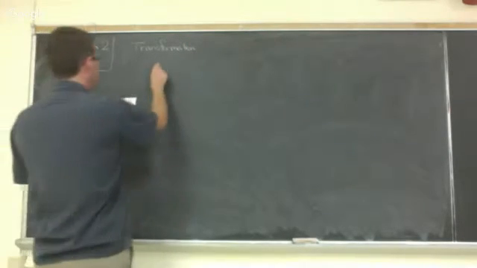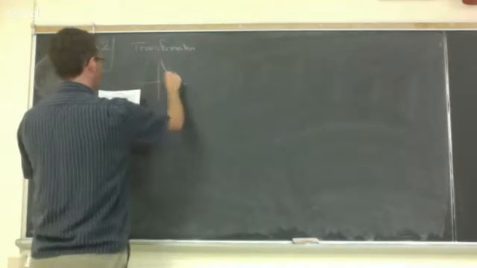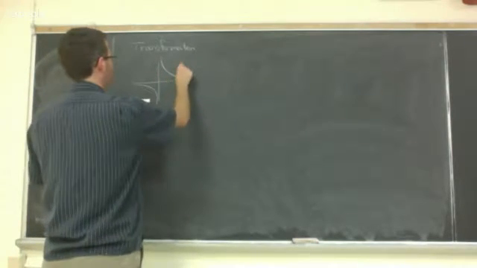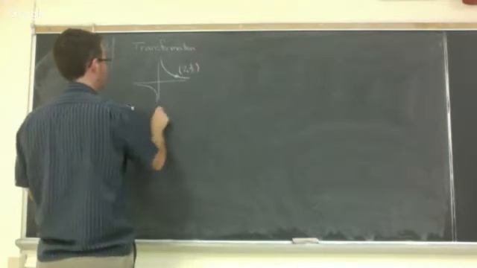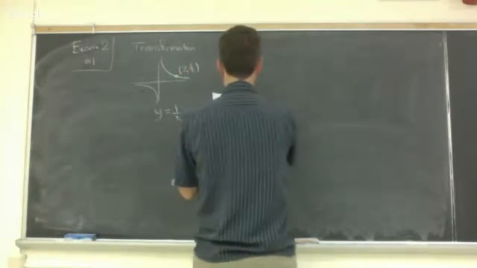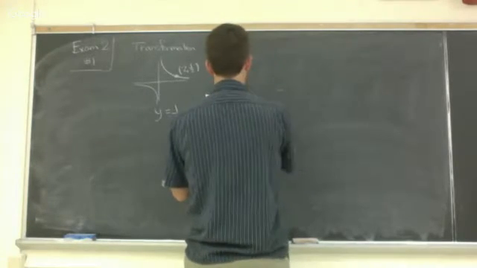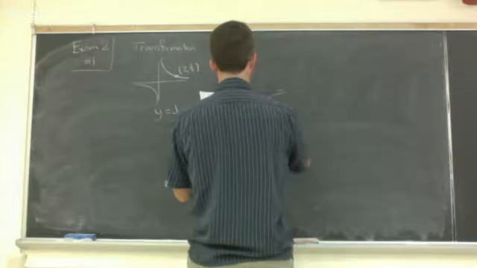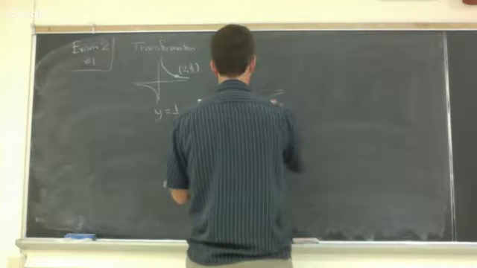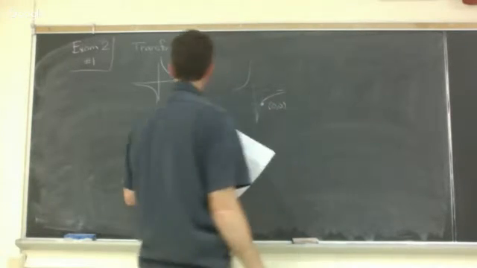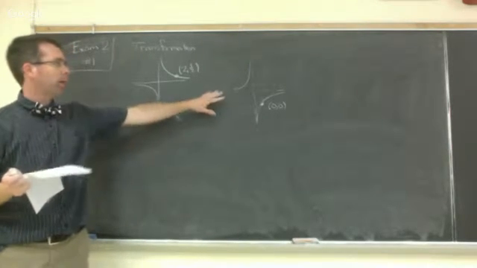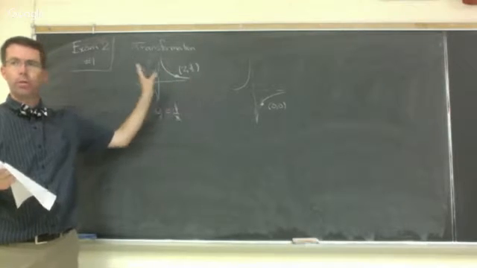We had an original graph, and a transformed graph. And we want to find out how to write this function as a transformation of this one.